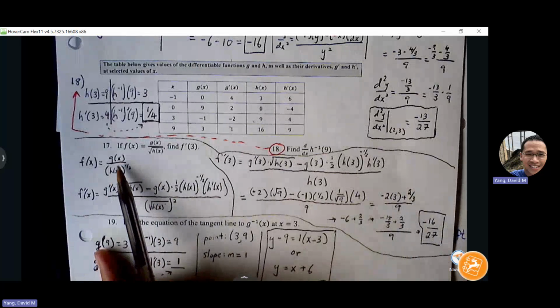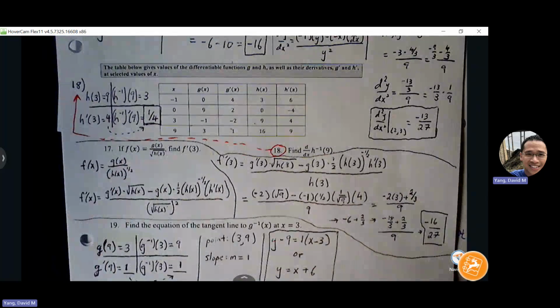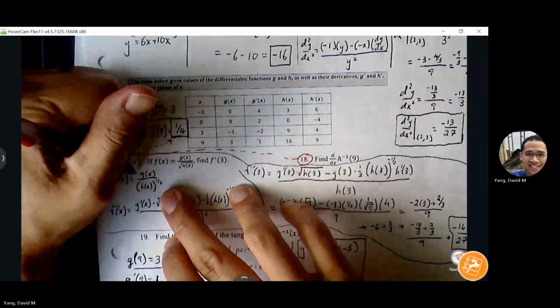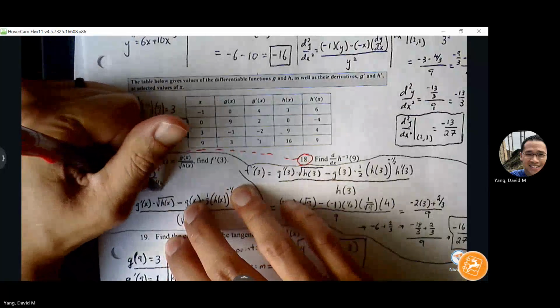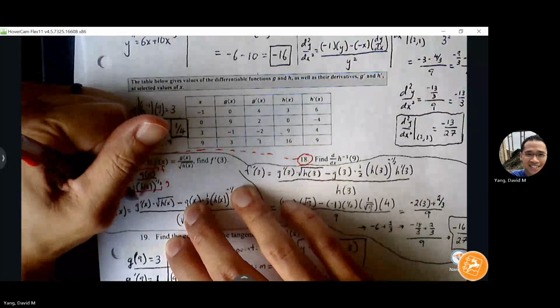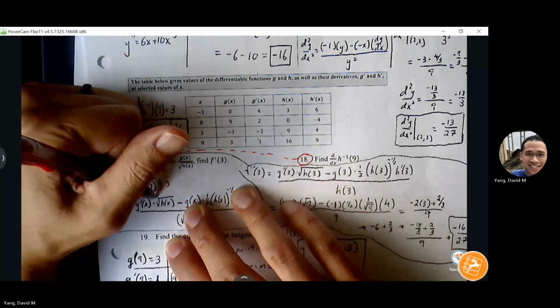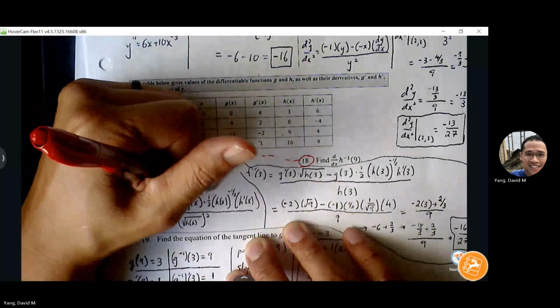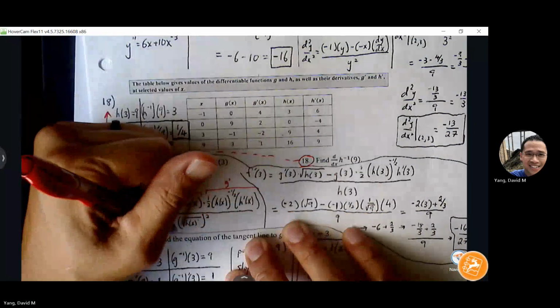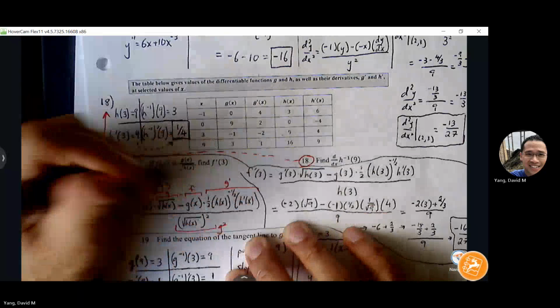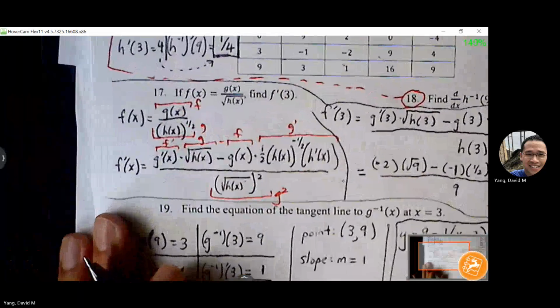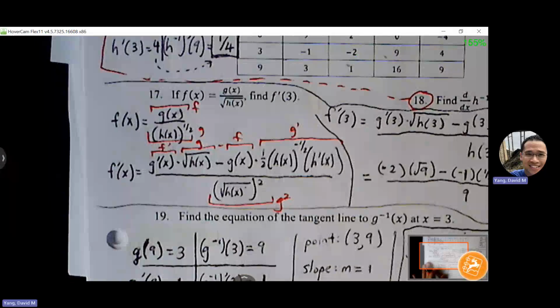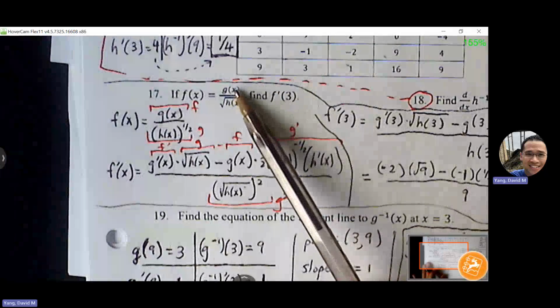So this is definitely a need for quotient rule. So my f prime is my top portion.